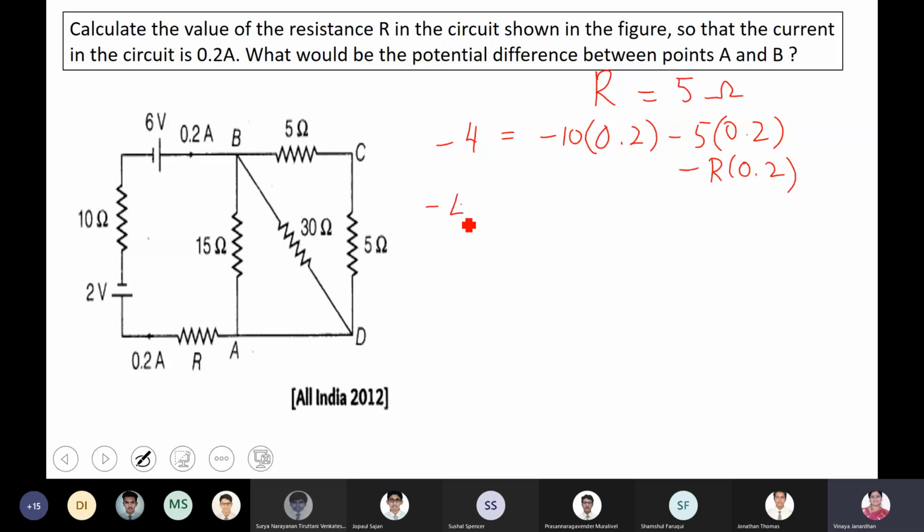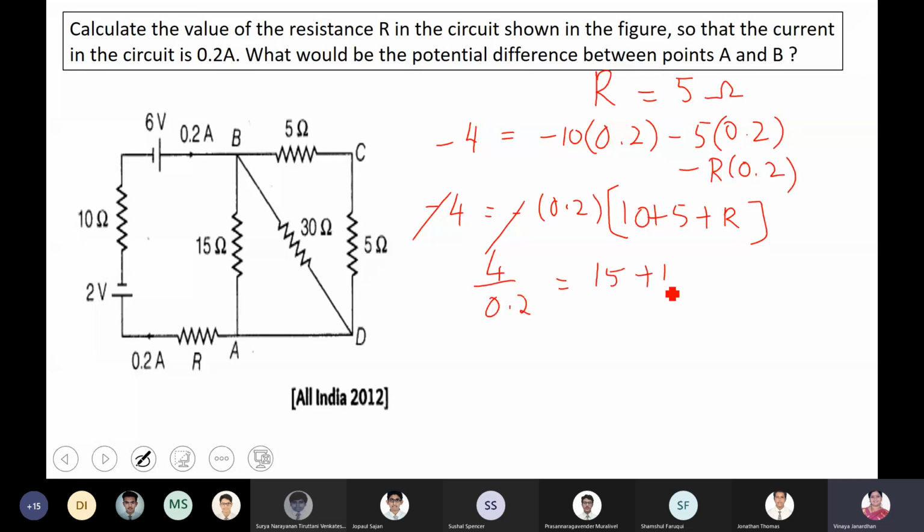So minus 4 will be equal to negative of 0.2 into 10 plus 5 plus r, because I have taken all the negative sign outside. So I can write 4 by 0.2 is equal to 15 plus r. So 40 by 2, 20. 20 is equal to 15 plus r, or I can write 5 is equal to r. So r is equal to 5 ohms. Is that fine?